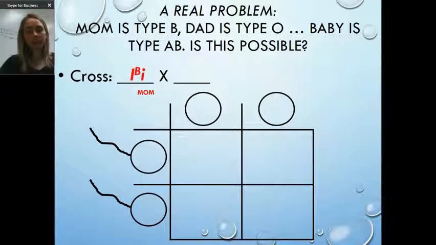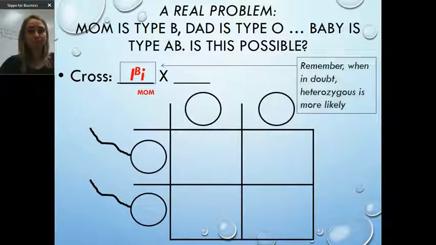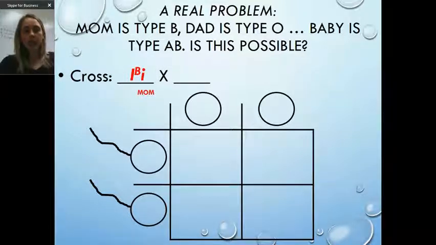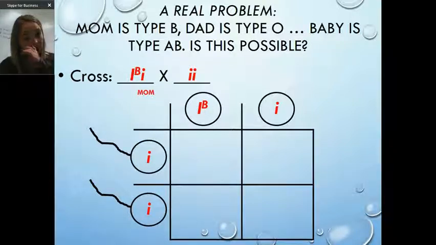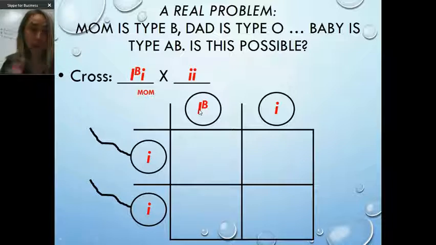So we'll set this up. Mom is IB little i. Use heterozygous, it's more likely, and when you're in doubt, just use that one because it'll cover all your bases. And dad has to be little i. So if we set that up, even if the letter has a superscript, you just treat it all like one letter. Everything carries together.